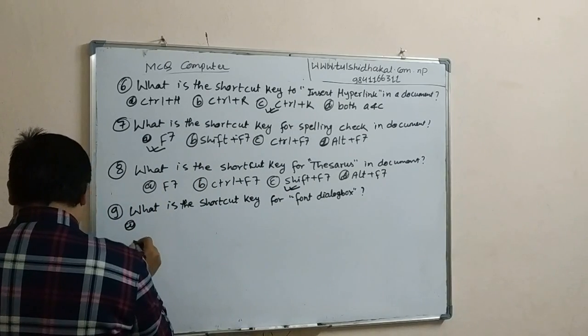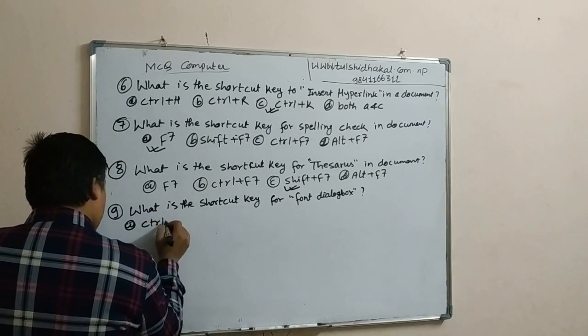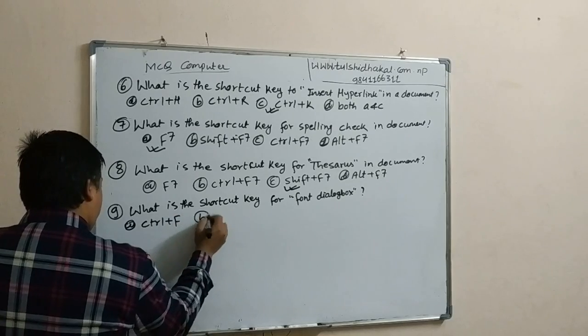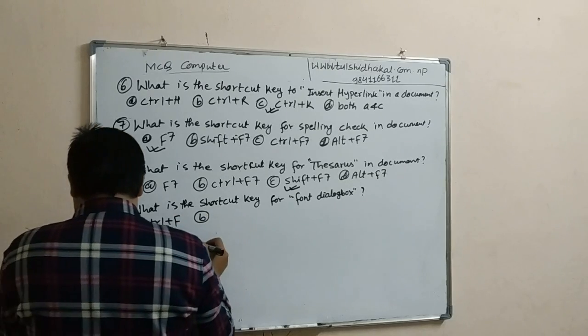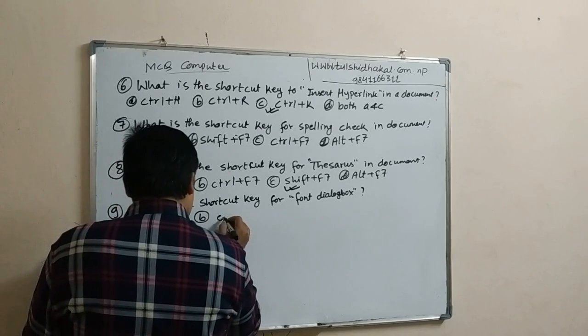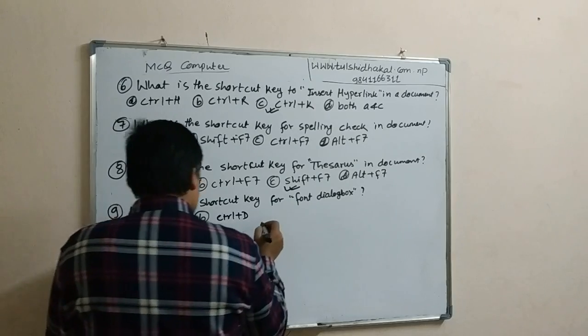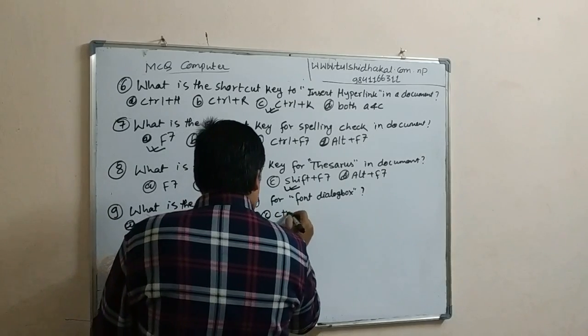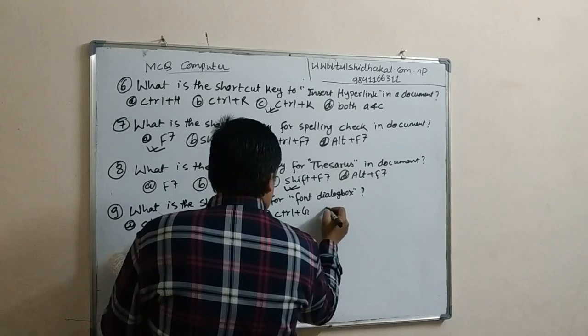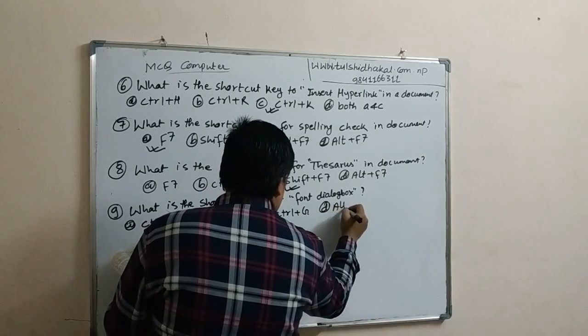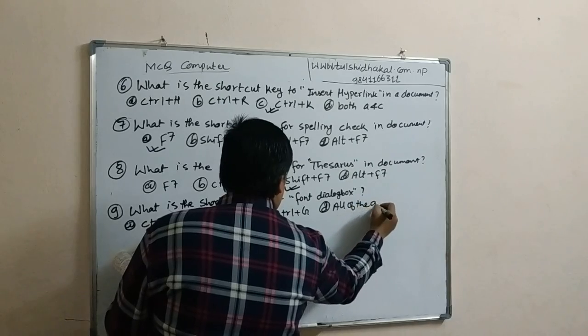Option number A, Control plus F. This is for find. Option number B, Control plus D. Option number C, Control plus G. Option number D, all of the above.